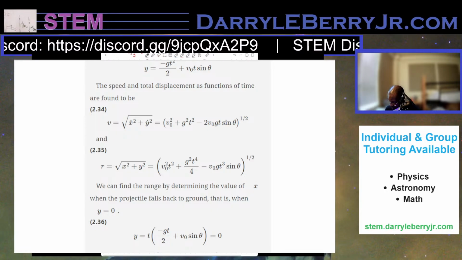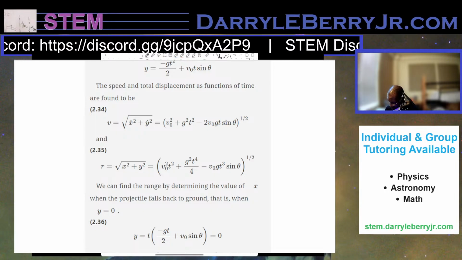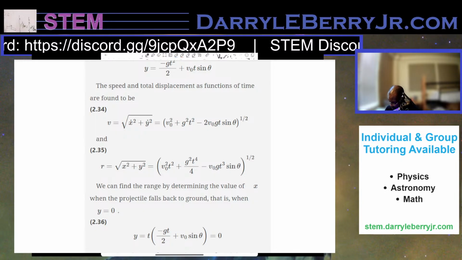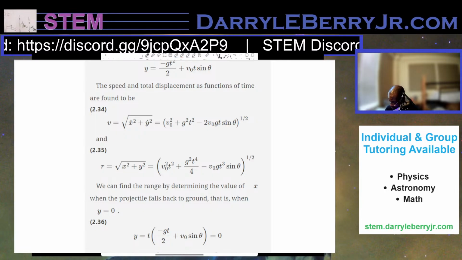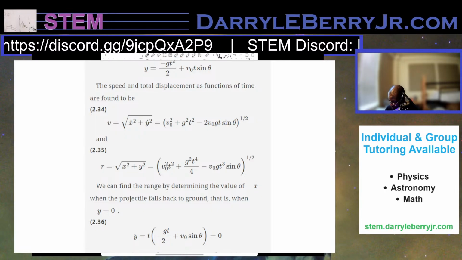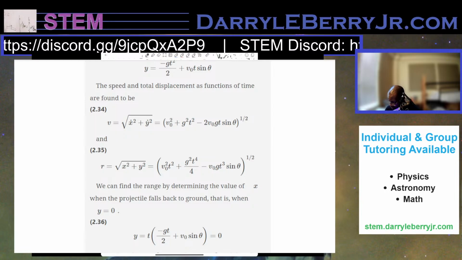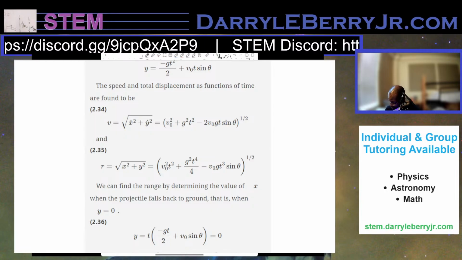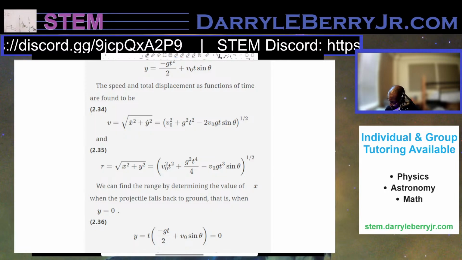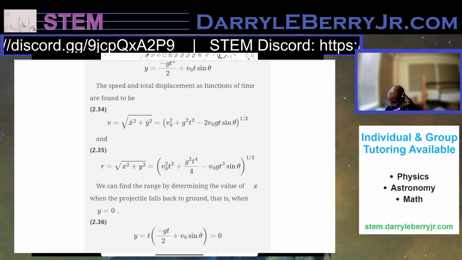That's going to equal the square root of V naught squared cosine squared theta plus g squared t squared plus 2gt V naught sine theta plus V naught squared sine squared theta.